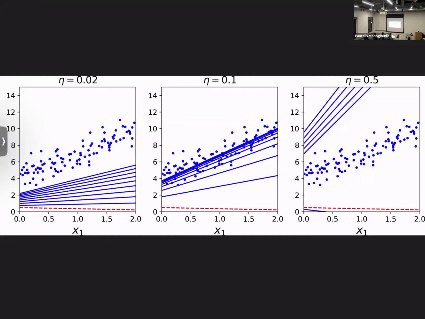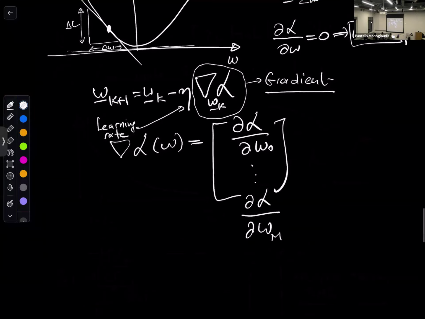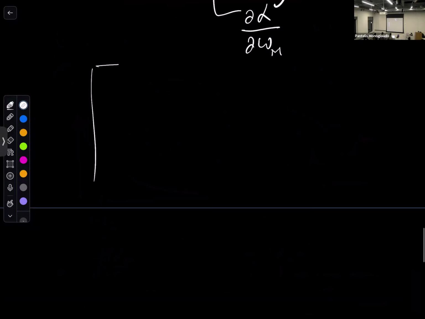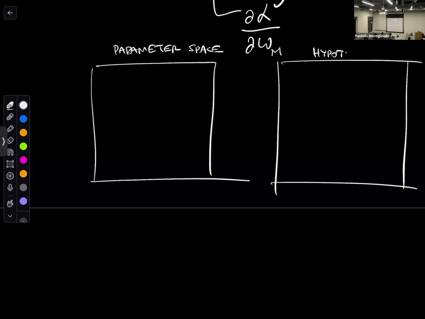All right, so let's see now something more interesting: how the algorithm is operating in each iteration. In other words, what we are trying to do here is connect two spaces. The first is the parameter space, and the other is the hypothesis space.